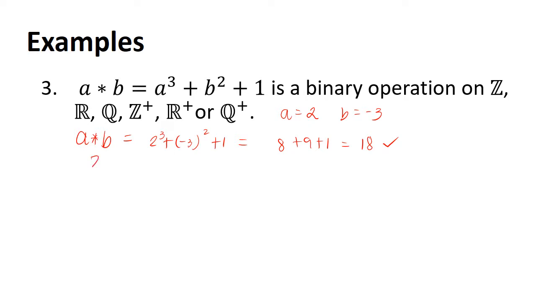So let's try it on the set of negative integers, and let a be equal to negative 1 and b equal to negative 2. Okay, so a star b will be evaluated as negative 1 cubed plus negative 2 squared plus 1.